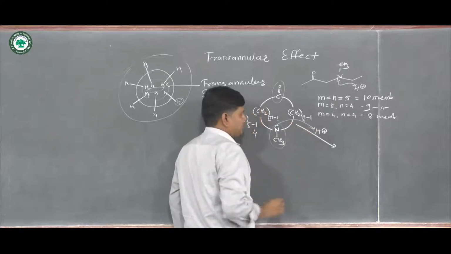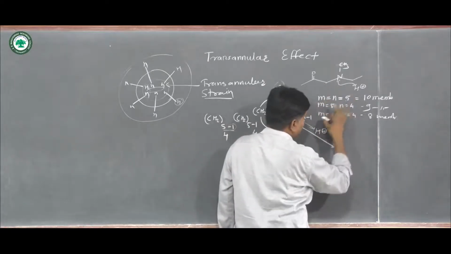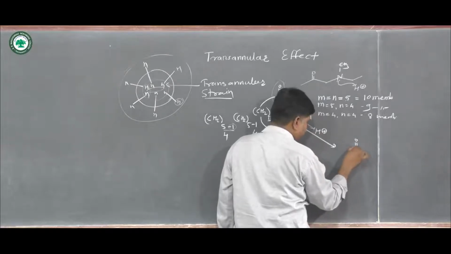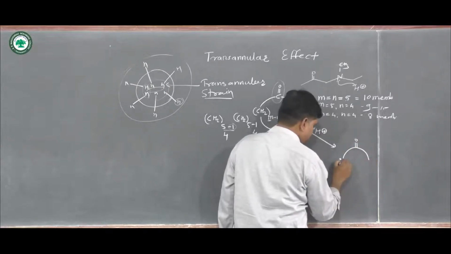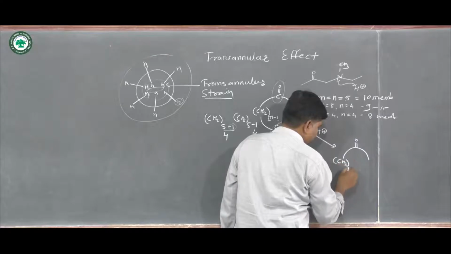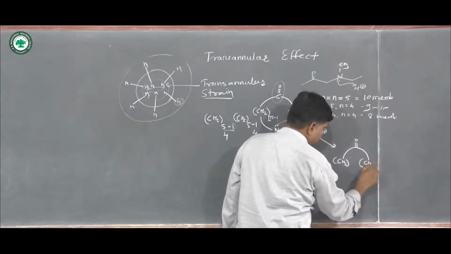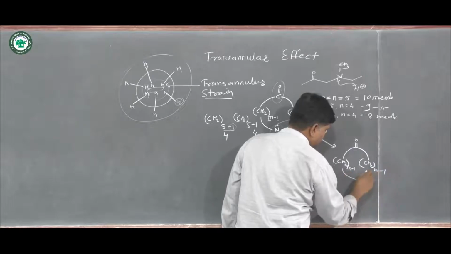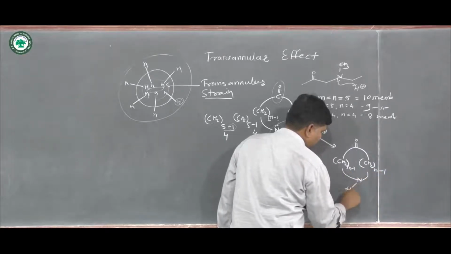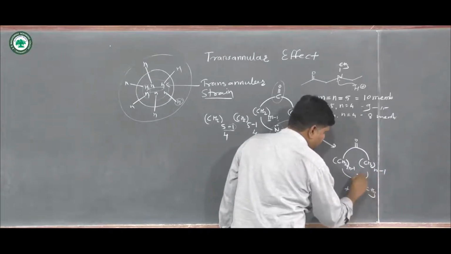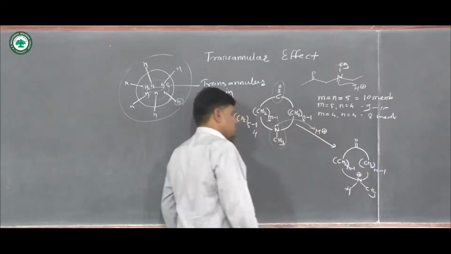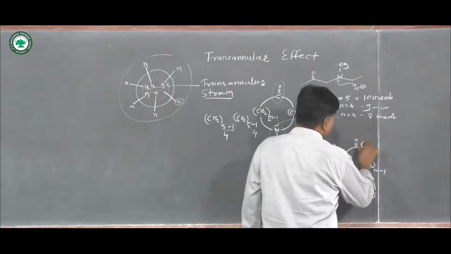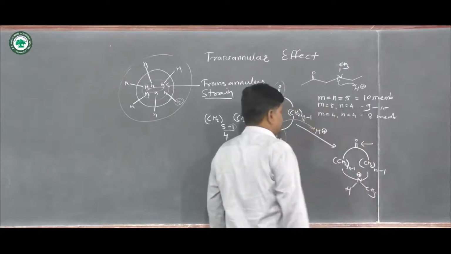In the simple way we write this type of product. Your product contains M-1, here we write N-1, and we get nitrogen, one proton, and CH3. Nitrogen carries a positive charge, and this product is characterized by IR spectroscopy.